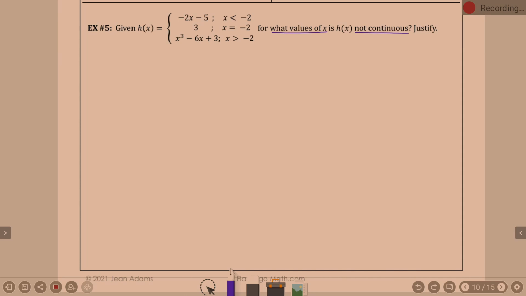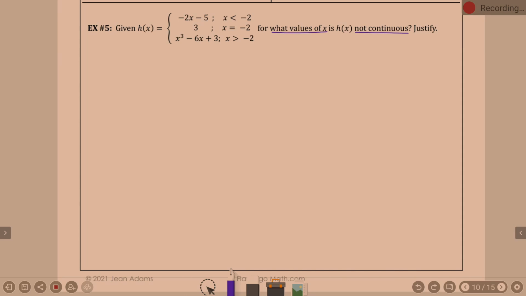What about individual pieces? Negative 2x minus 5, is that continuous? Yes. What about 3? What's the graph y equals 3? A horizontal line, right? Negative 2x minus 5 is just a diagonal line.